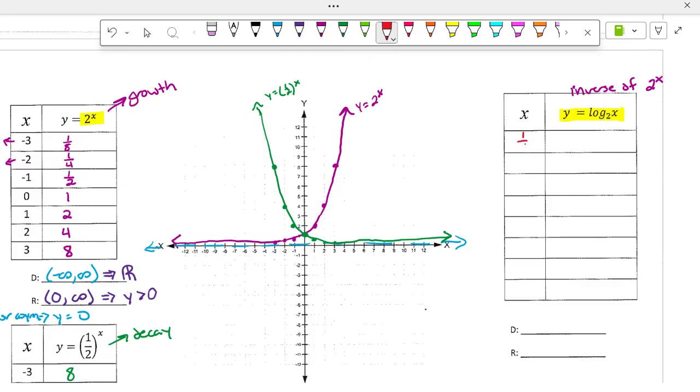So this would be 1/8, 1/4, 1/2, 1, 2, 4, 8, and just to finish it off, the next one would be 16. Even though it's not there, just trust me. Or not the x values, the y values would now be -3, -2, -1, 0, 1, 2, 3, and 4.